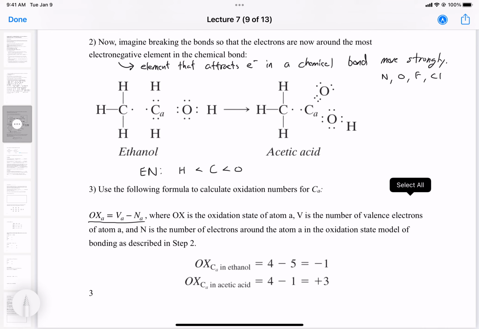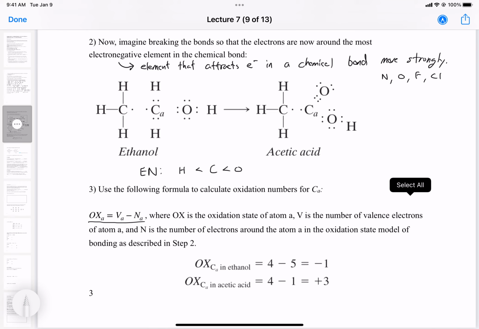In this case, carbon has gone up in oxidation number by 4 places. So it's highly oxidized. That's how we calculate oxidation numbers in organic compounds. I can give you a simple organic compound, and I expect you to write all the oxidation numbers for every carbon atom.